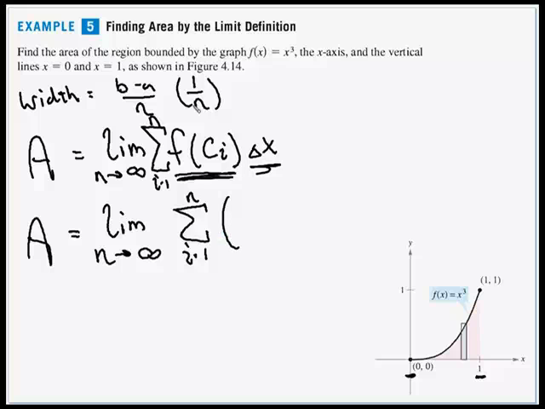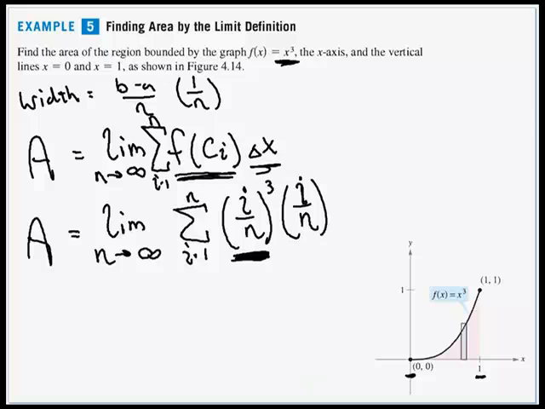And remember, our function is the cube function, x to the third. So we're going to have i over n to the third times 1 over n. Where again, the first factor is the height of the rectangle given to us by the function, and the 1 over n is the width of the rectangle.